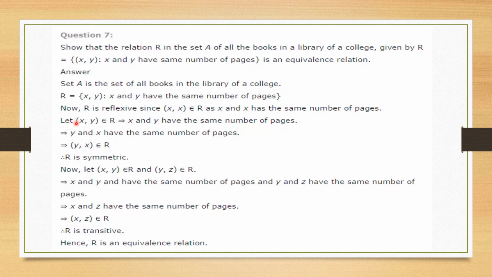For symmetricity, if (x, y) belongs to R, that is x and y have the same number of pages, definitely y and x have the same number of pages. So similarly (y, x) belongs to R. So it is symmetric. For transitivity, (x, y) belongs to R, (y, z) belongs to R. x and y have the same number of pages, y and z have the same number of pages. So x and z also have the same number of pages and the condition for transitivity is fulfilled.